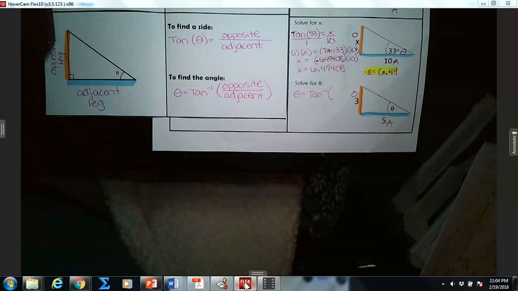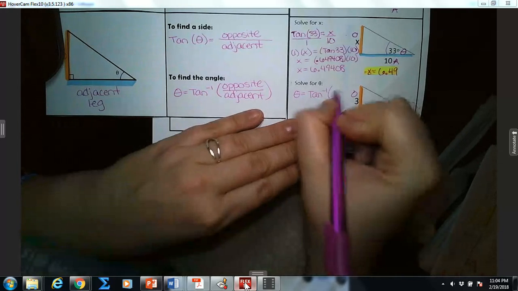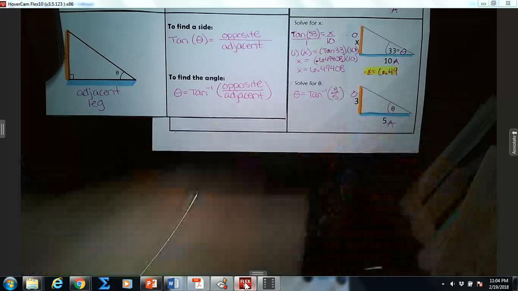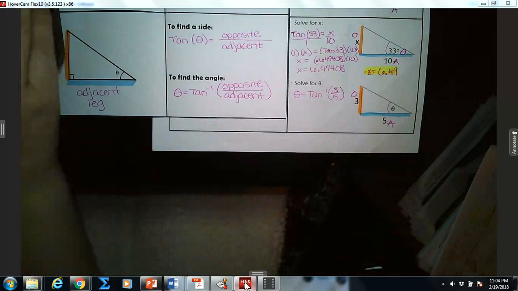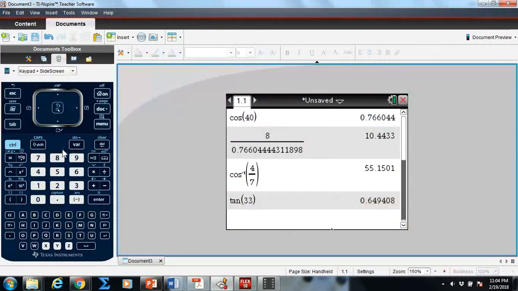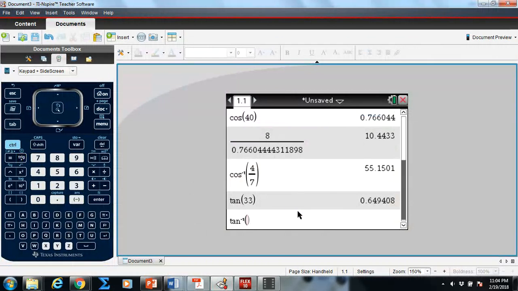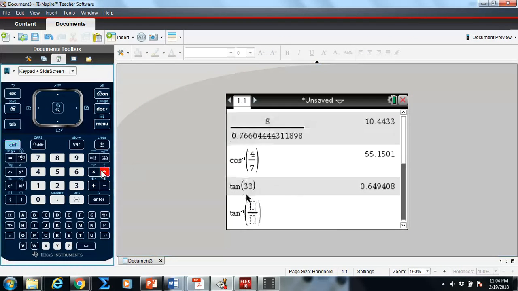The opposite measure is 3. The adjacent measure is 5. So I'm going to switch screens and grab my calculator. Trig button, tangent inverse because I'm finding an angle, of the fraction 3 over 5.